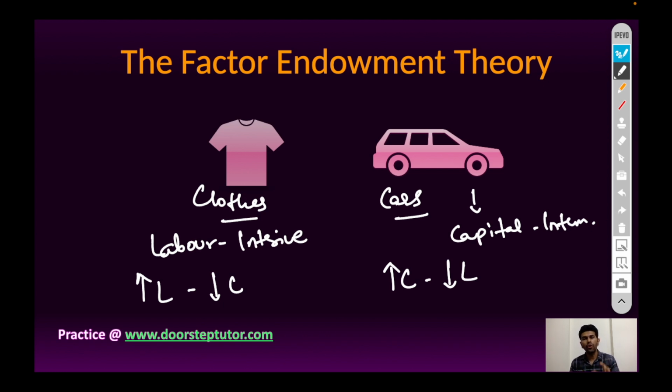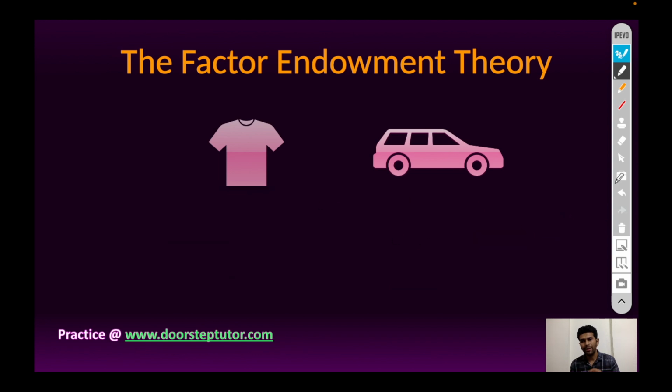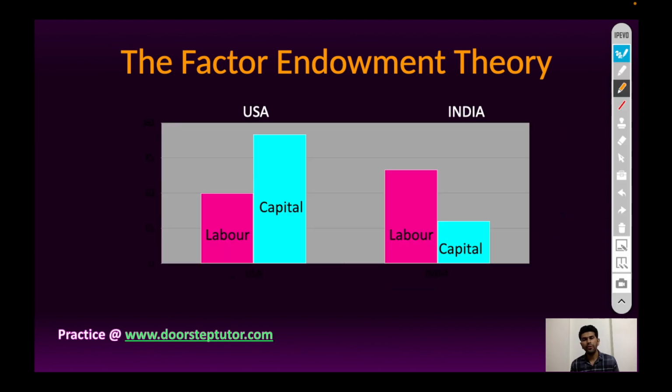So, there are two commodities available. Similarly, now there are two countries available, USA and India. USA is a capital rich country. India is a labor abundant country.